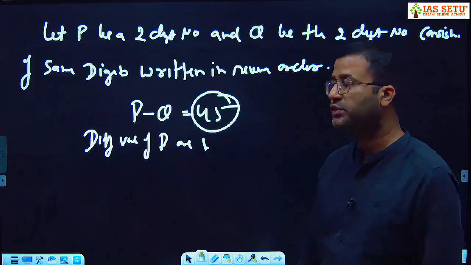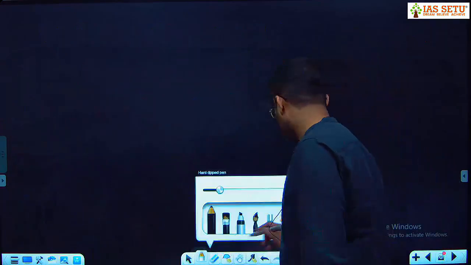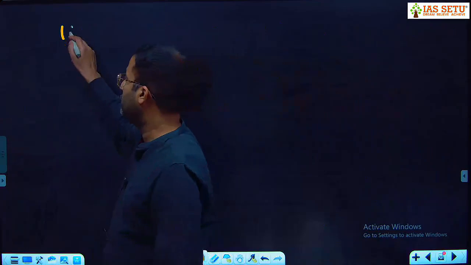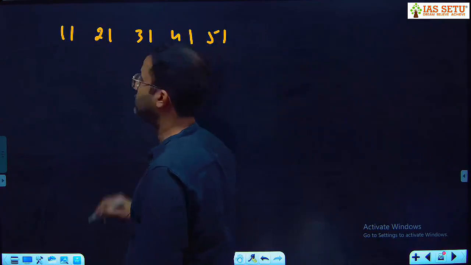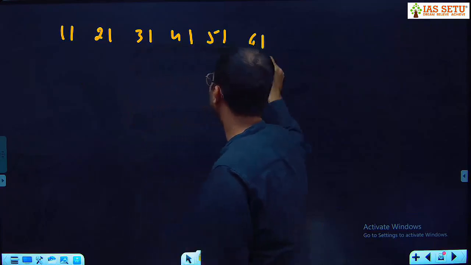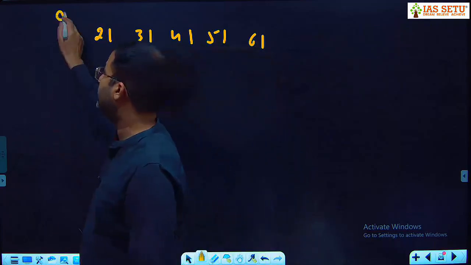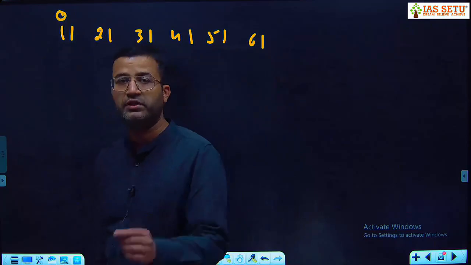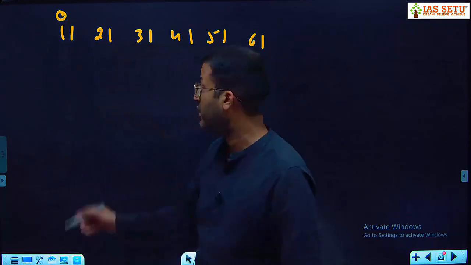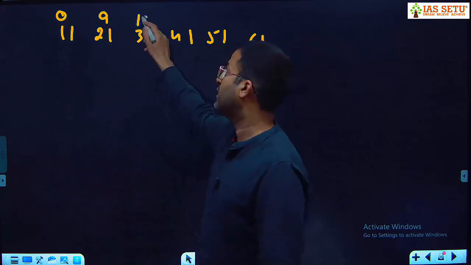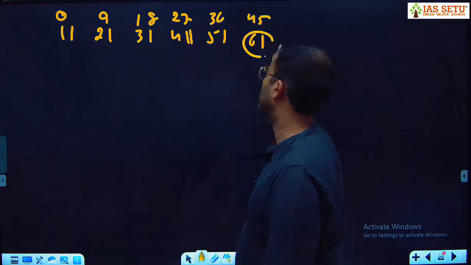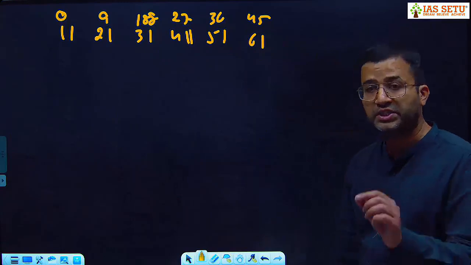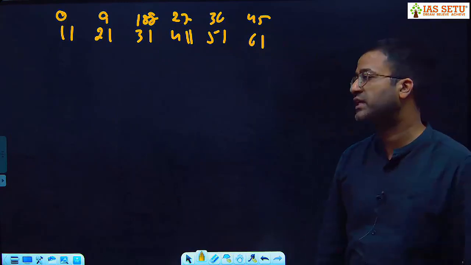How to handle this question? Step number 1, you take the first values 11, 21, 31, 41, 51, 61. 11 gives a difference of 0. We have observed the difference is 0 or a multiple of 9. It gives differences 9, 18, 27, 36, 45. 61 is the first number which satisfies your question.